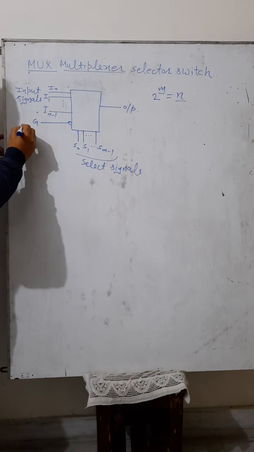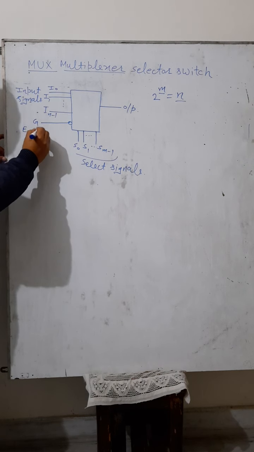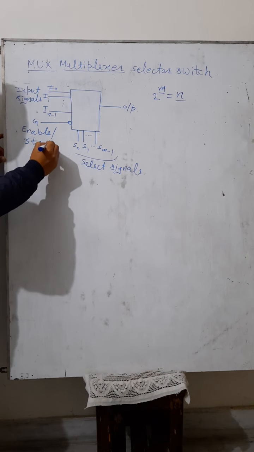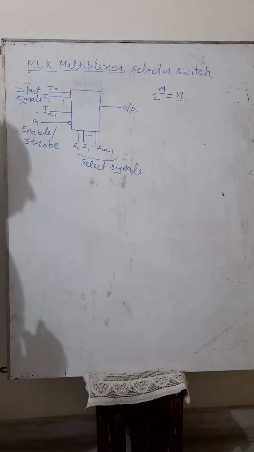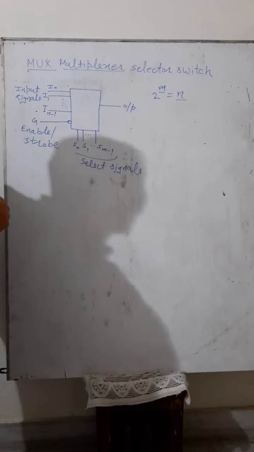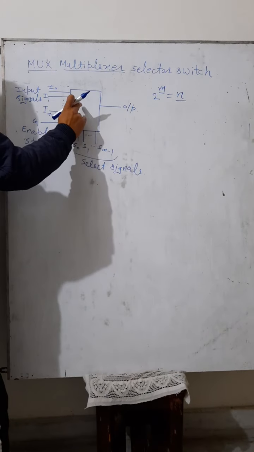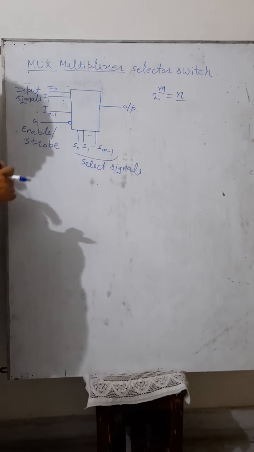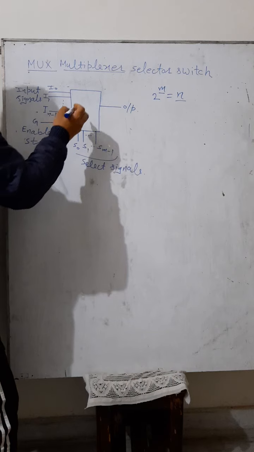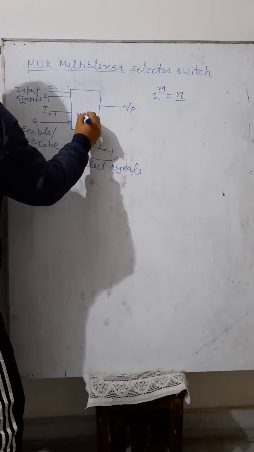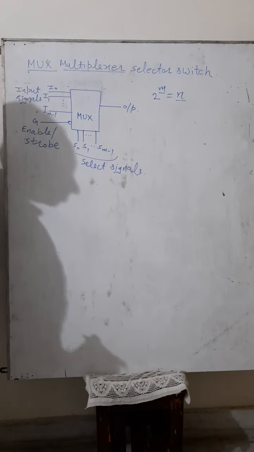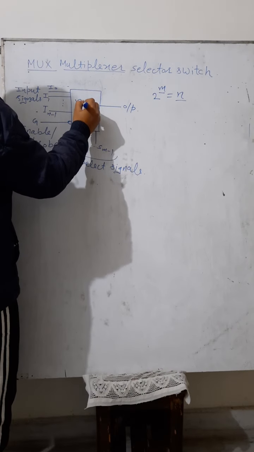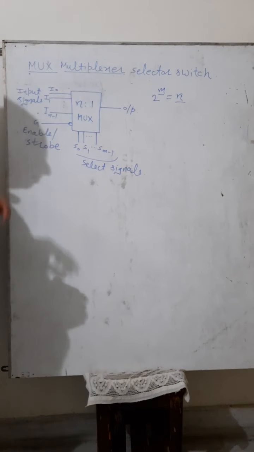This signal is known as the enable or strobe signal. Okay, enable or strobe signal, right? And this multiplexer, as an acronym or in short form, we say Mux, or simply we can write multiplexer. So this is an n is to 1 multiplexer.